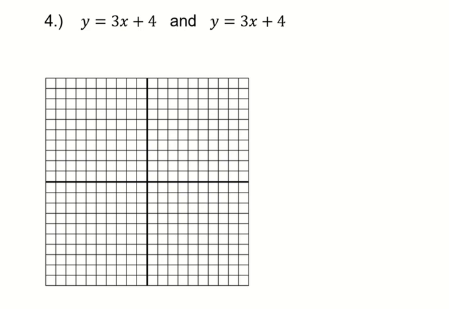Well, what about this system of two equations where it's the exact same two equations, where the y-intercept is 4 and the slope is 3.